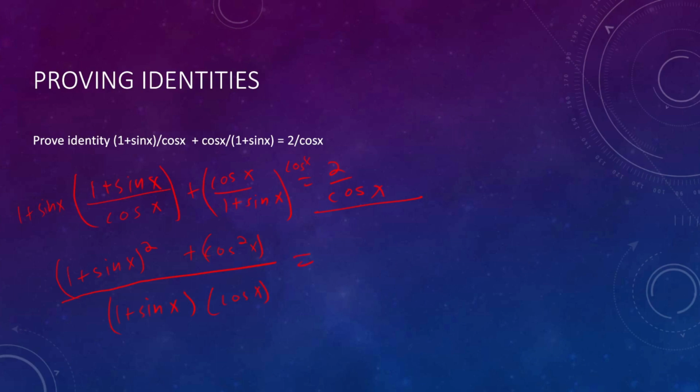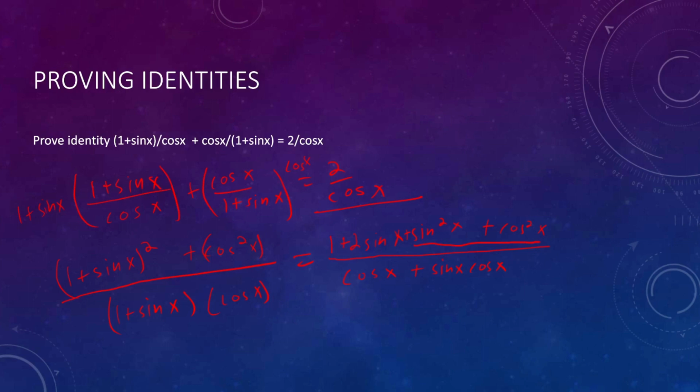Let's try and open it. So (1 plus sine x) squared will be opened into 1 square plus sine of x plus sine of x, which means plus 2 sine of x plus sine square x, and now plus cos square x, over cos of x plus sine of x cos of x. Now let's see what we can do over here. We can use the identity sine square x plus cos square x is equal to 1.